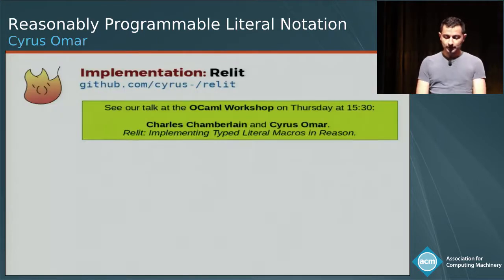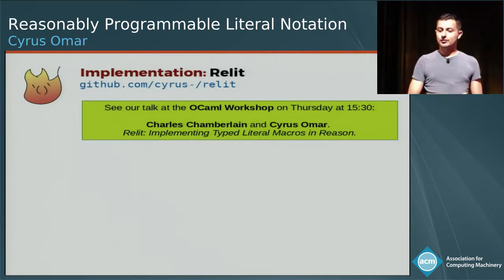So we have an implementation of this. It's called Relit, and it's available there on GitHub. This is kind of a beta, but you can go and play with this in Reason today and define your own expression TLMs right now. And we have a talk at the OCaml workshop on Thursday that's more of a deep dive into how the implementation works. I've been telling you that there's all this integration into the bindings and type structure of OCaml and the module system, but we didn't modify OCaml semantics itself to do that.